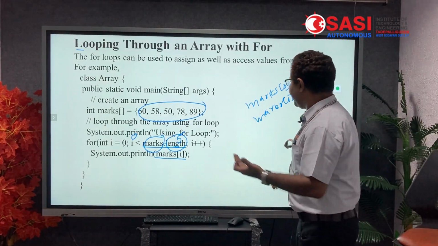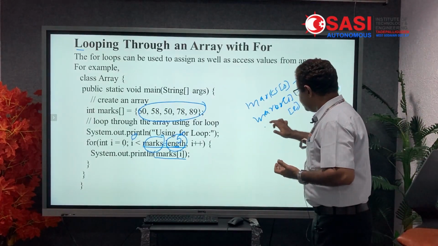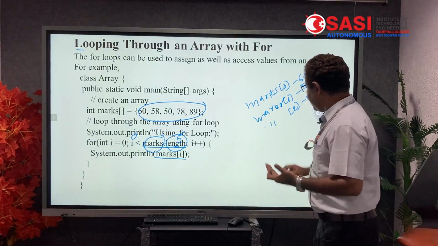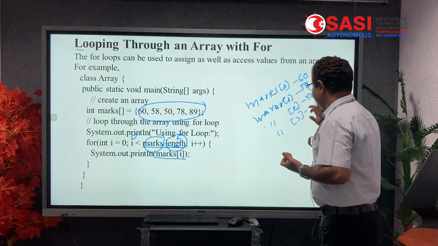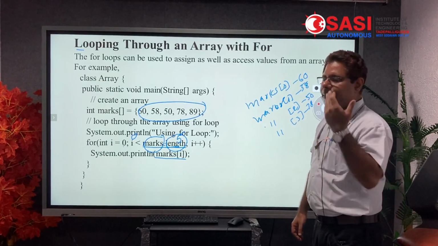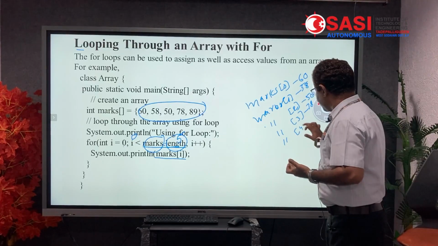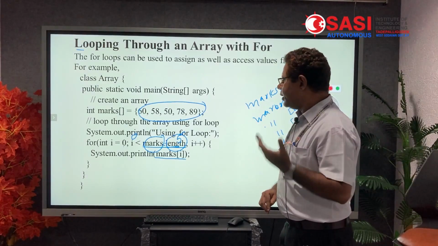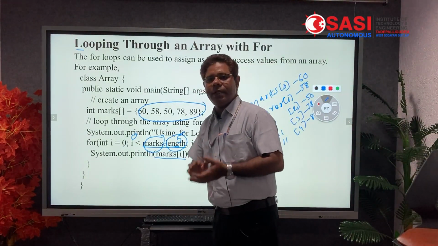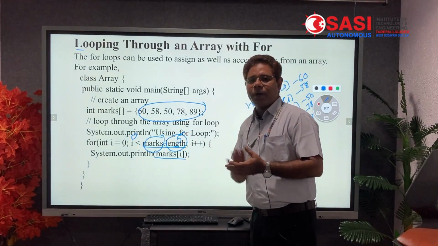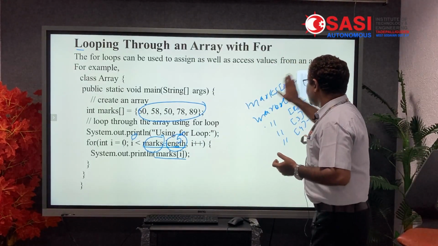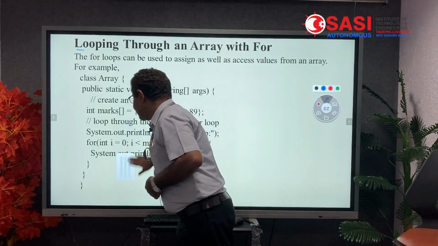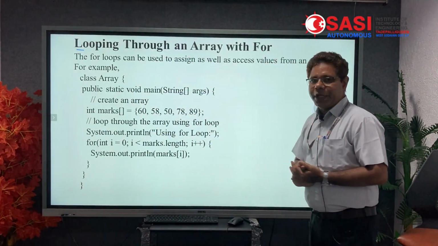Next i is incremented by 1, mocks of 2 prints 50. Next i is incremented, mocks of 3 prints 78. Next i is incremented, mocks of 4 prints 89. Next i is incremented by 1, that means i value is 5, 5 less than 5, the condition is false. So the for loop is not repeated. In this way we can access the array elements using the for loop.